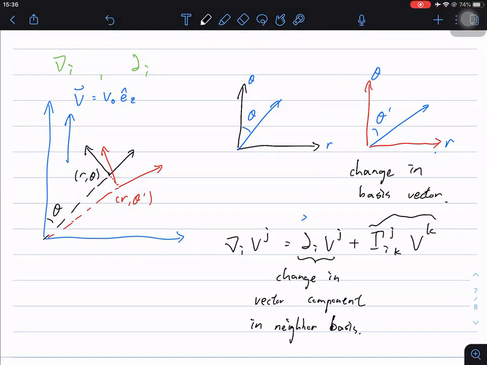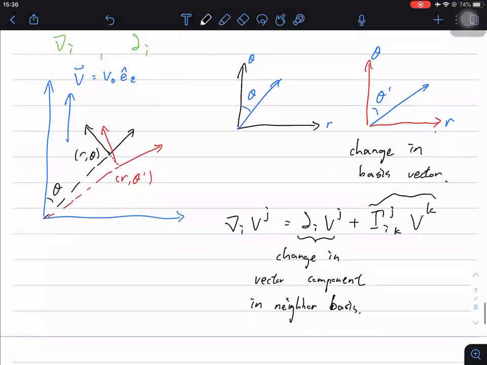Okay, any questions? Okay, so yeah, that's why the covariant derivative has an extra term.